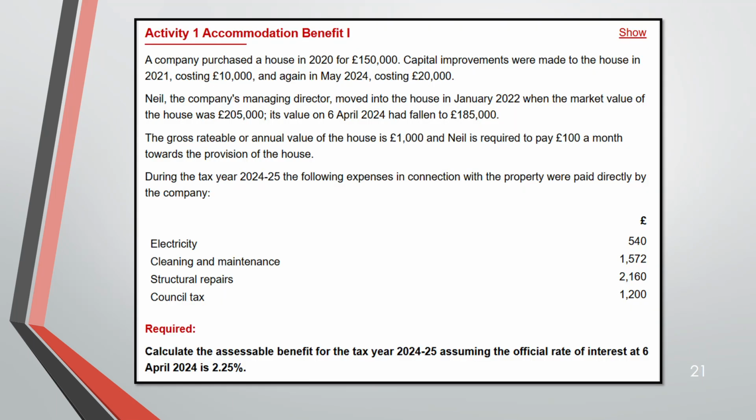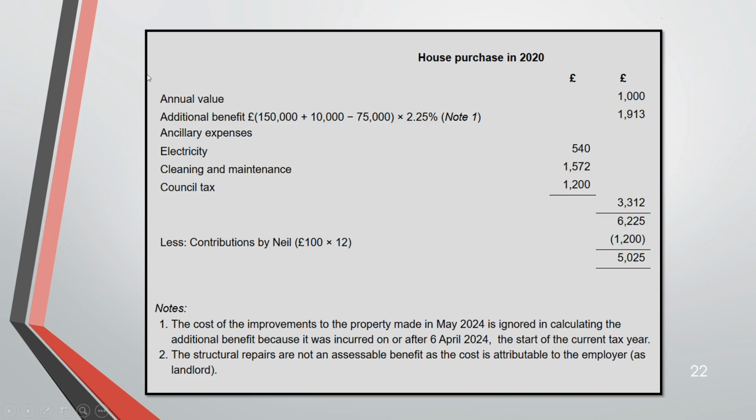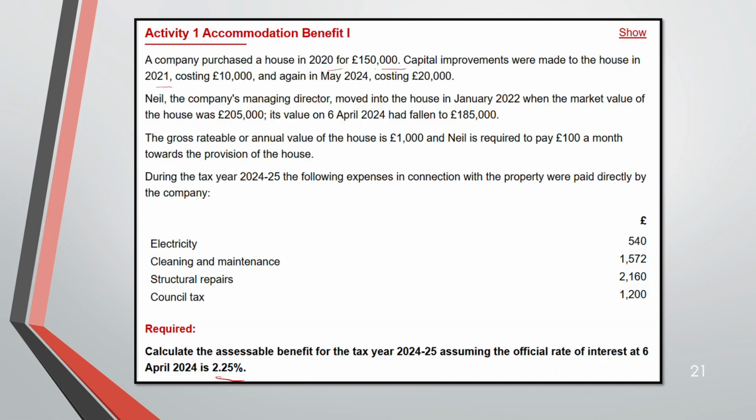Now we will be doing activity 1, where we'll be calculating the accommodation benefit. You have to calculate the assessable benefit assuming the official rate of 2.25%. The company purchased a house in 2020 for 150,000. Capital improvements were made in 2021 costing 10,000, and again in May costing 20,000.